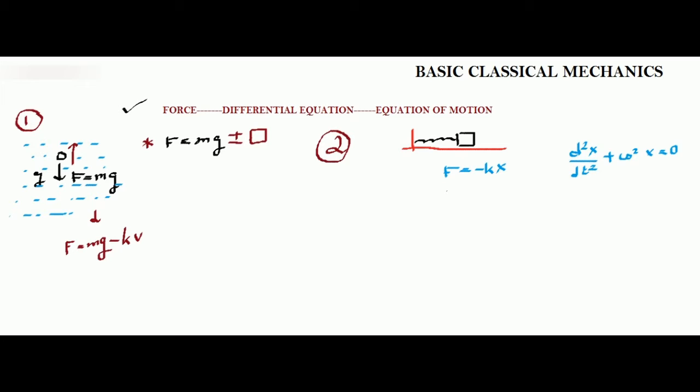Now a little bit of change in environment. What change? Again, put water everywhere, so make this SHM happen inside water. What happens then? There will be a modification of force.